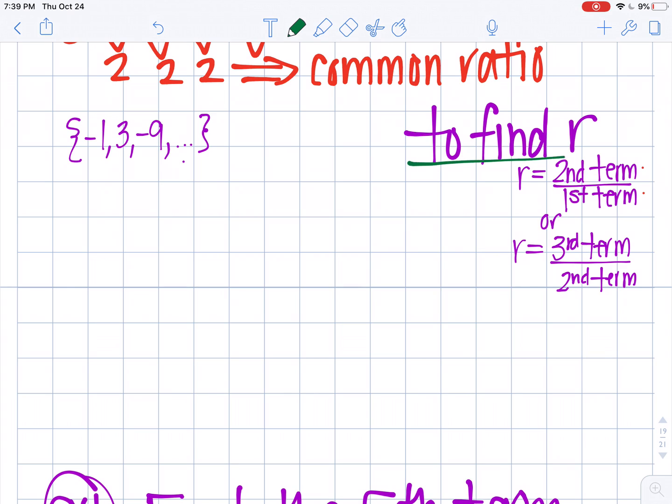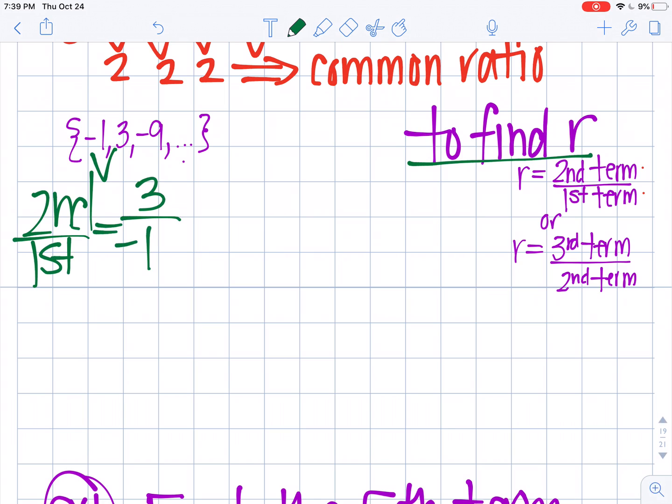To find my common ratio, you take either the second term divided by the first term, or the third term divided by the second term. You have to take the one higher than the previous one. So here, I'm going to do my second divided by my first. And I notice that's 3 divided by -1, which gives me -3, which is my common ratio.